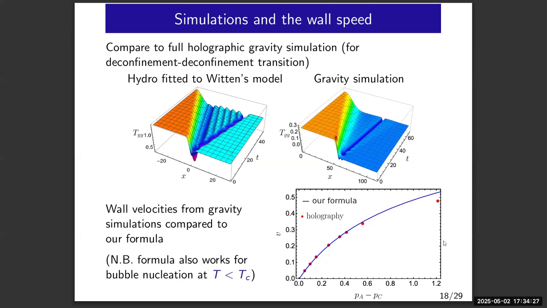And for Witten's model, well, it would be something like that. I'm normalizing by T to the 4 here. Goes to 0.